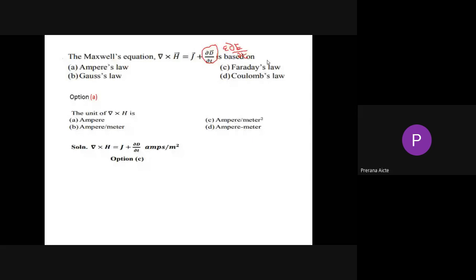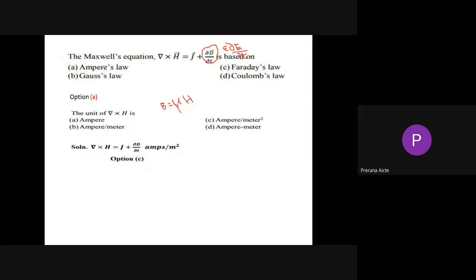Now see why it is amperes per meter square. Generally B is equal to mu H. Therefore H is equal to B by mu, where mu is a constant value, and B is the magnetic flux or magnetic lines of force per unit cross-sectional area.